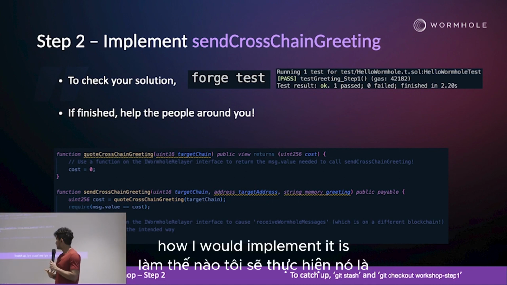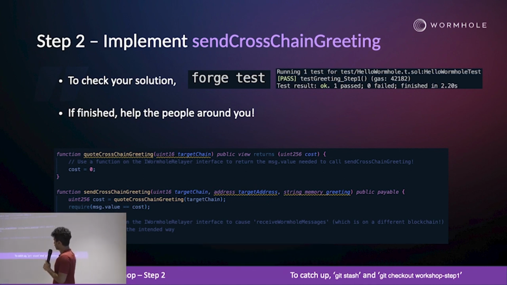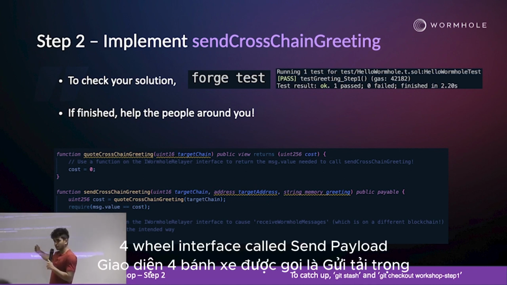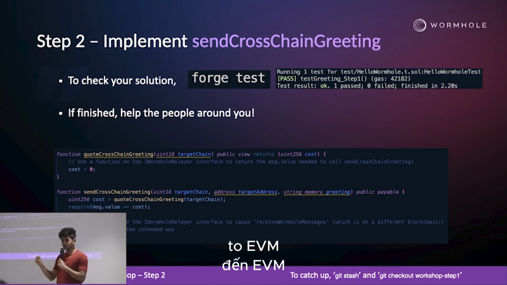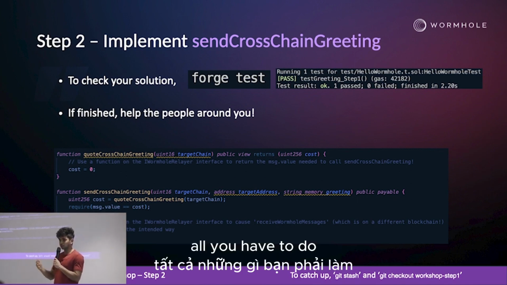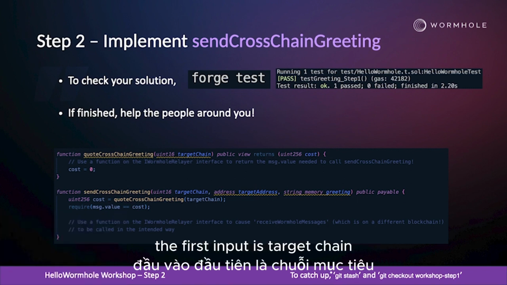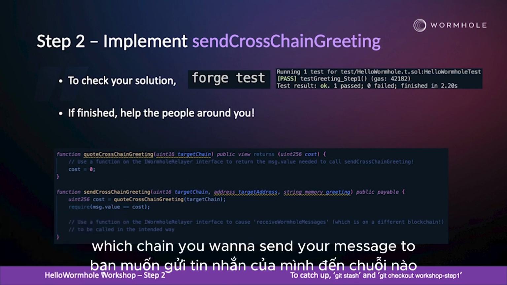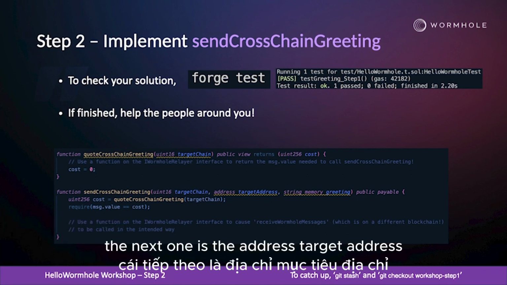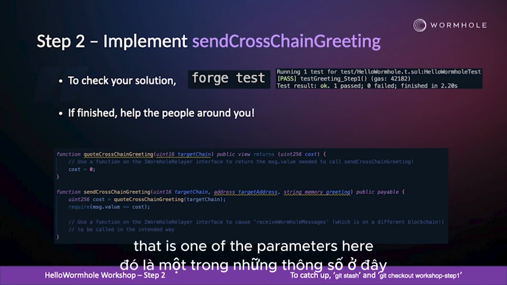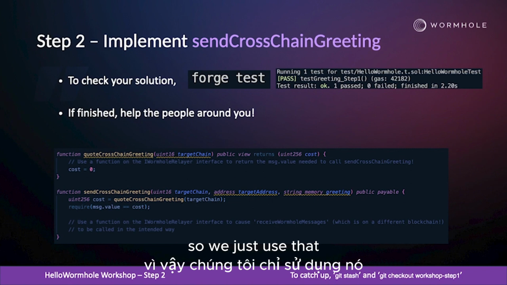How I would implement it is, there's a function on the IWormholeRelayer interface called sendPayloadToEvm. All you have to do is call that with the appropriate inputs. The first input is target chain, which chain you want to send your message to. The next one is the target address. That is one of the parameters here, so we just use that.